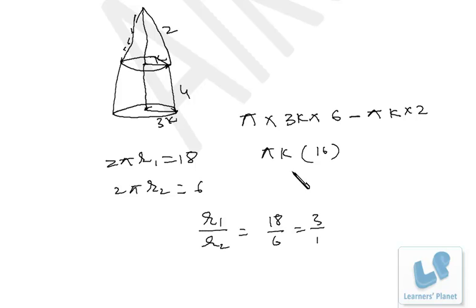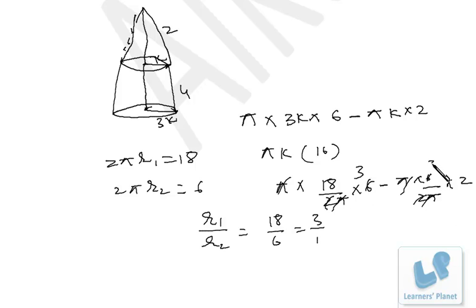Or precisely, instead of this radius we can put the value of r1, that is 18 by 2 pi, and r2, that is 6 by 2 pi, into 2. So that is 54 minus 6, 48 units. If it is centimeter, then it is centimeter square.